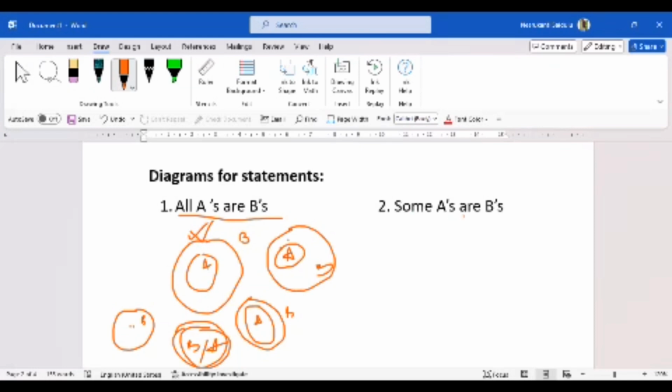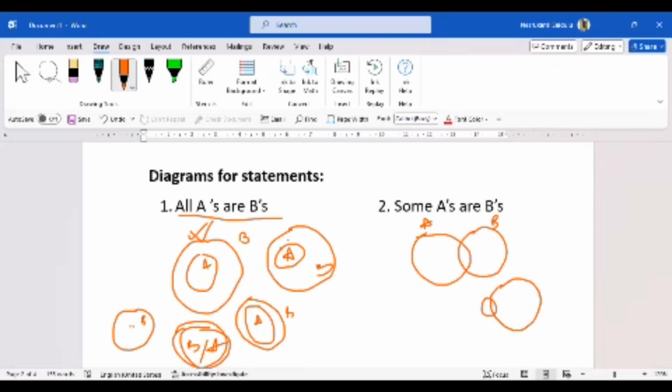Next, second one: some A's are B's. Some A's are B's means there is an intersection between A and B. This one is A and this one is B. There are many possibilities of diagrams, like A is small and B is like this.